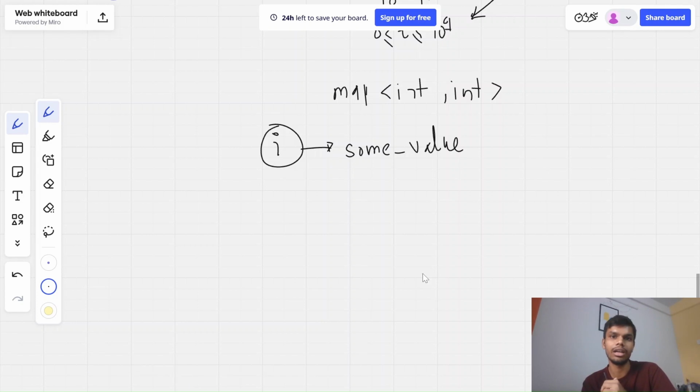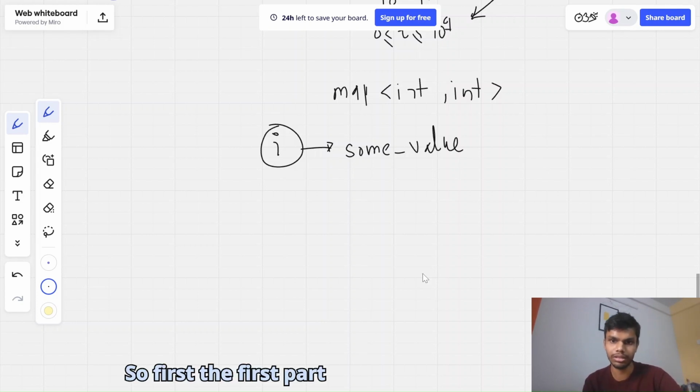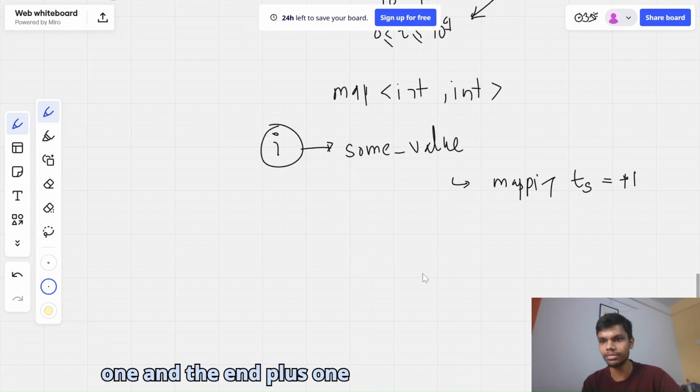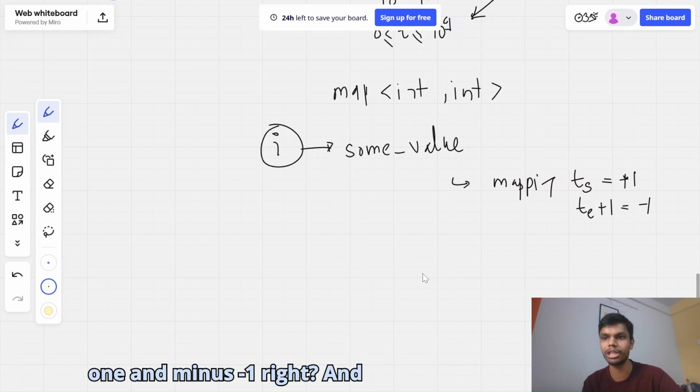So the first part is mapping the time interval start with +1 and the end +1 time with -1, and then we are doing the prefix sum, right?